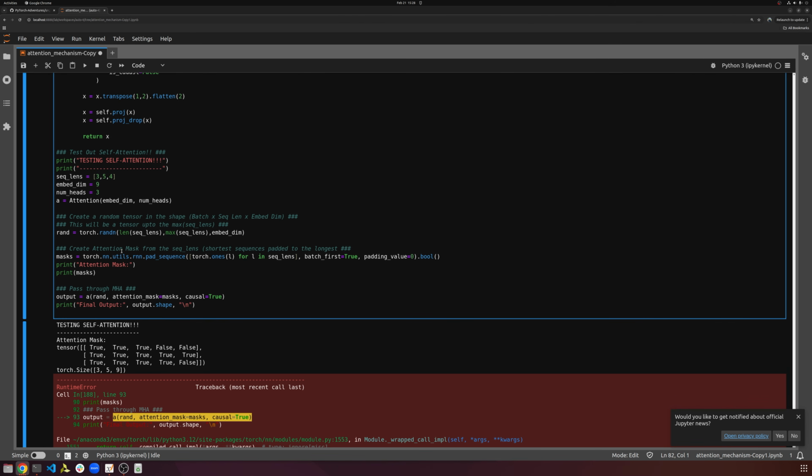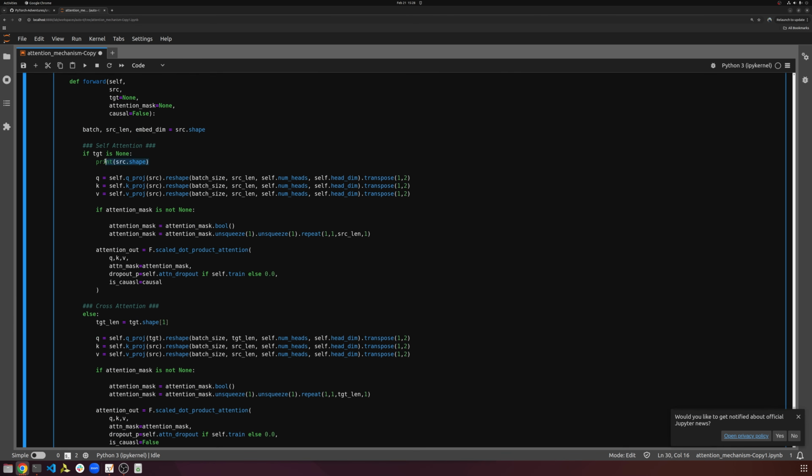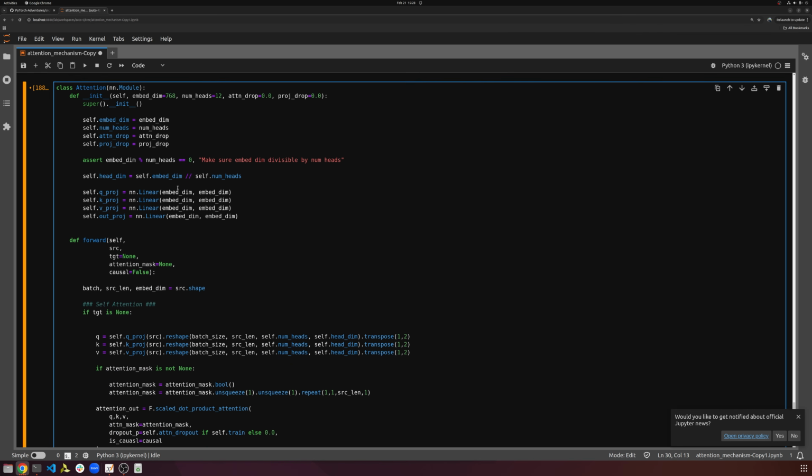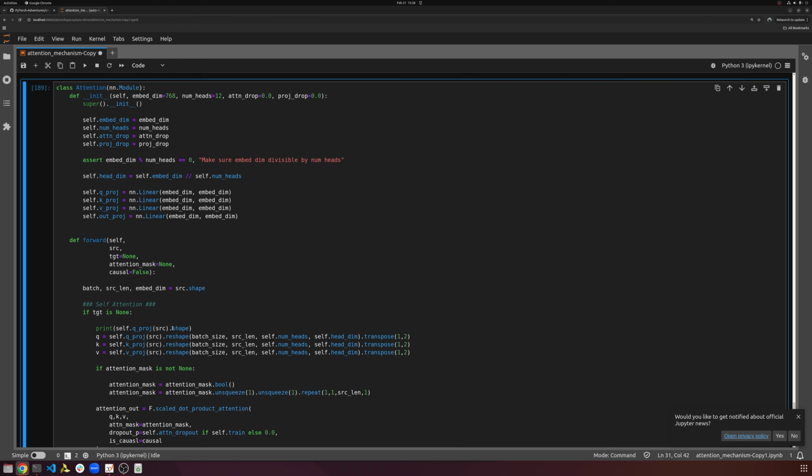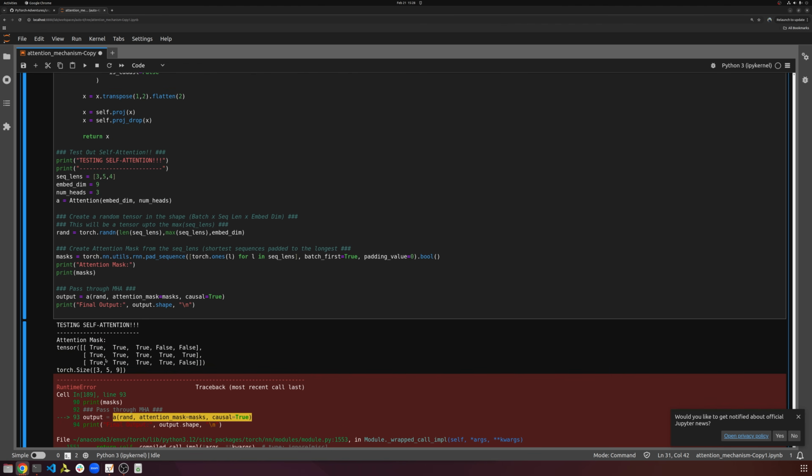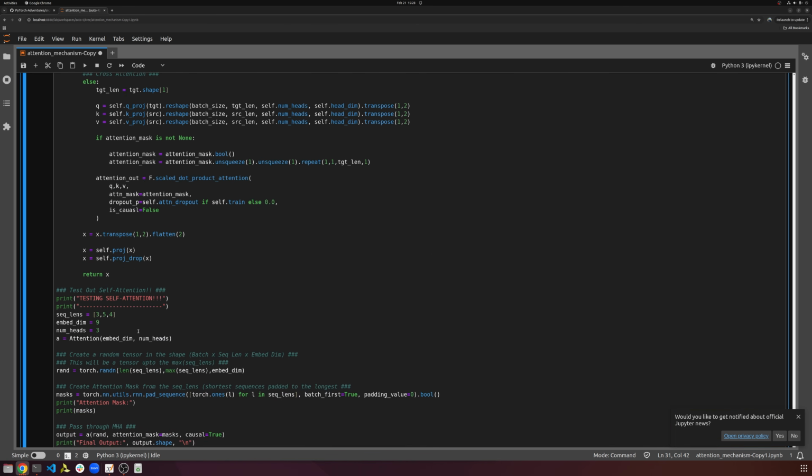We have a batch size of 3, the longest thing is 5, and an embedding dim of 9. Okay, so that's correct. And then we are going to have head dim. Okay, so let's print self.q_proj(source).shape. Let's check this. So this will be 3 by 5 by 9, just like before.